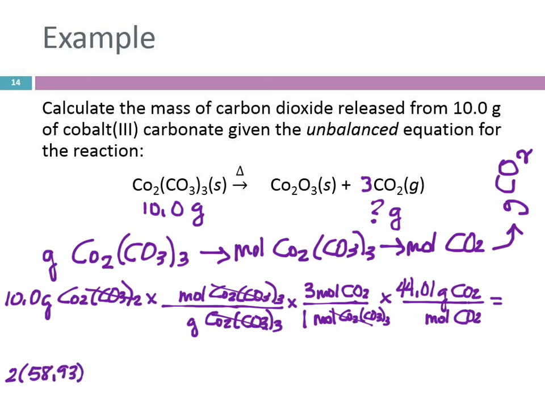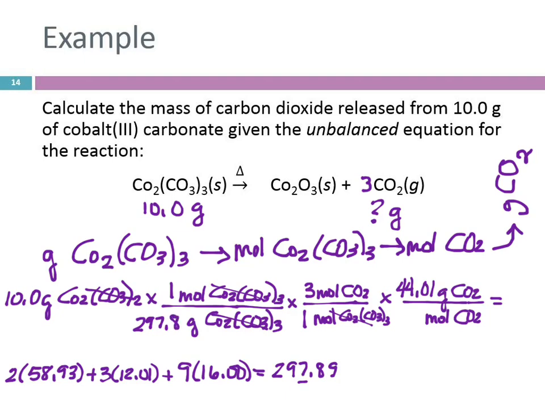2 cobalts plus 3 carbons plus 9 oxygens. 2 times 58.93 plus 3 times 12.01 plus 9 times 16 equals 297.89. So 1 mole of that cobalt carbonate compound weighs 297.89 grams.